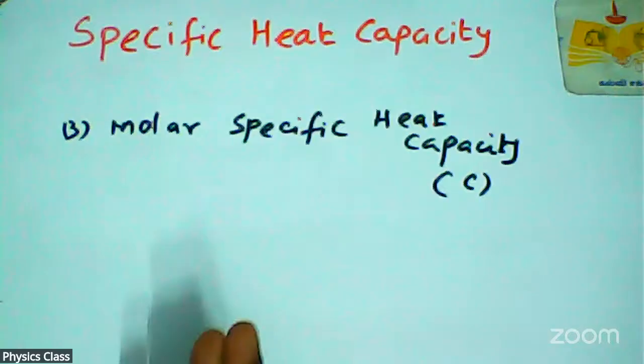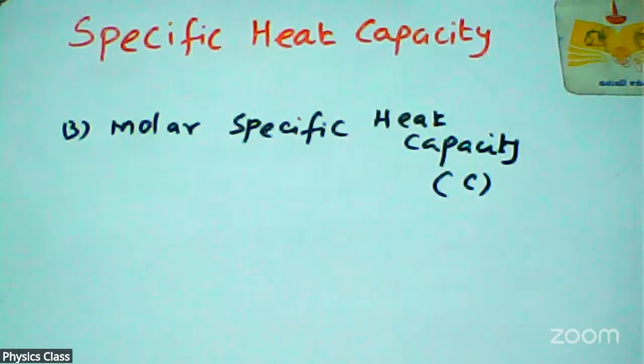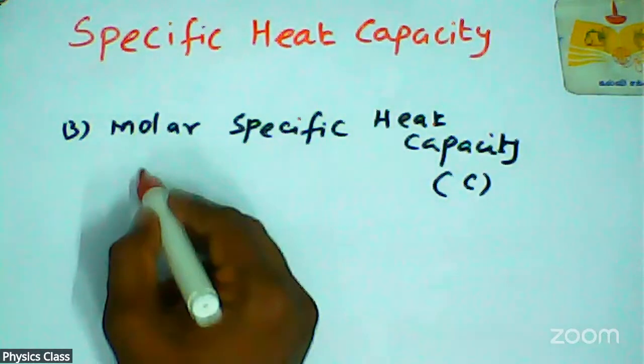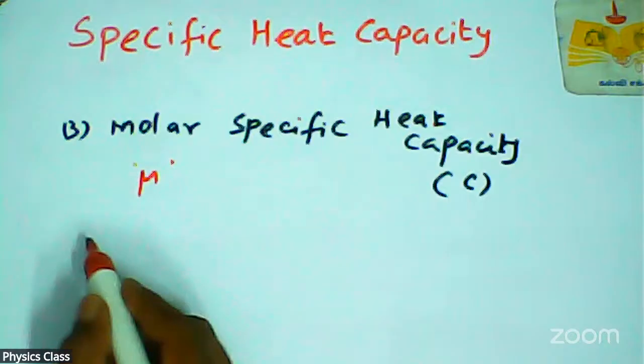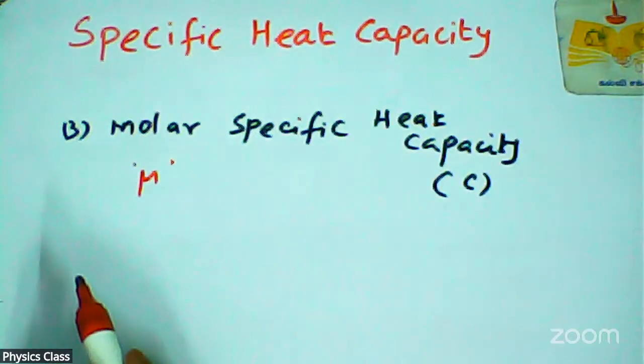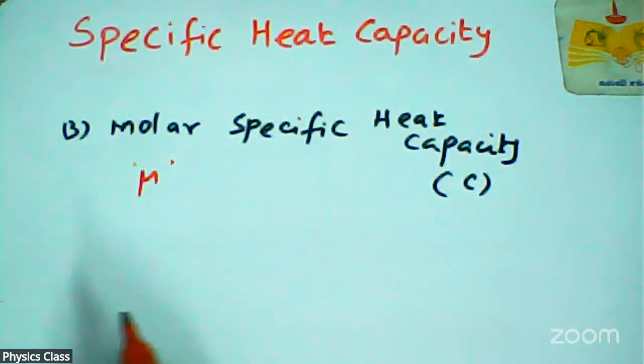Already you know the specific heat capacity is normalized by the mass, but this is normalized by the number of moles, mu, of the substance. So this links heat capacity to the internal atomic and molecular structure.